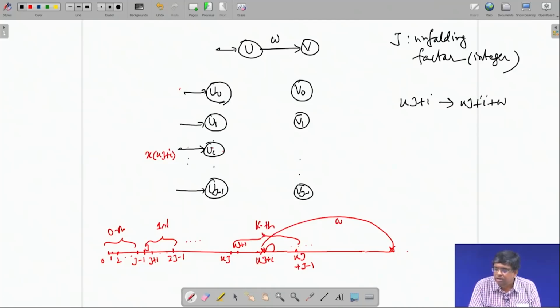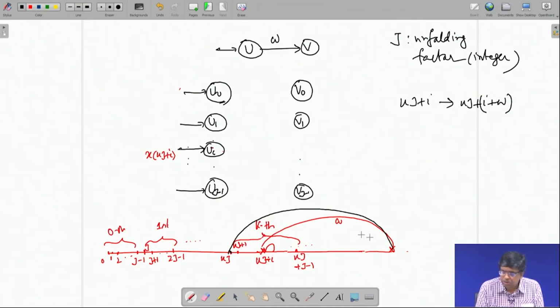I can write it this way, it is as though kj plus i plus W. That is, if I start, instead of from kj plus i, here at kj, then I have to jump to the right by i plus W. So, instead of counting at kj plus i, I start counting from kj and jump to the right by i plus W. Within i plus W, how many blocks of j data are there, because each block of j data means one system cycle, and another block of j input data means another system cycle.